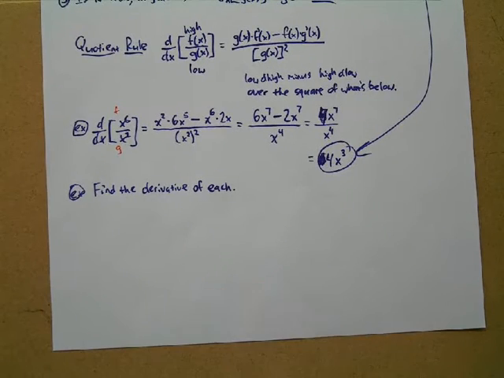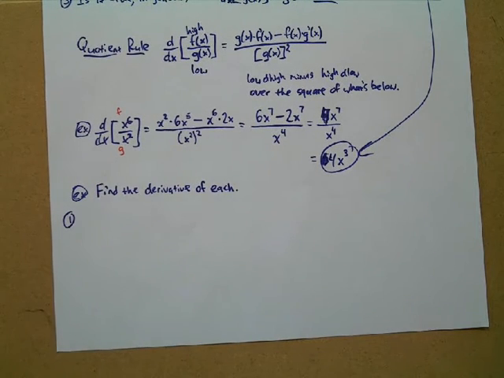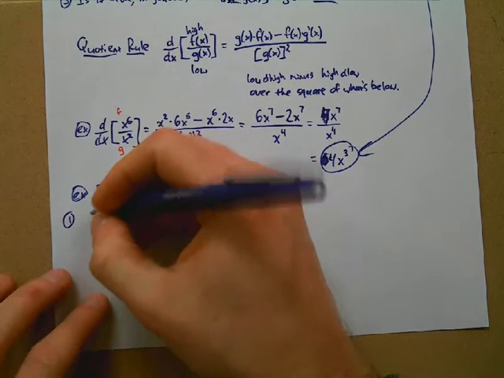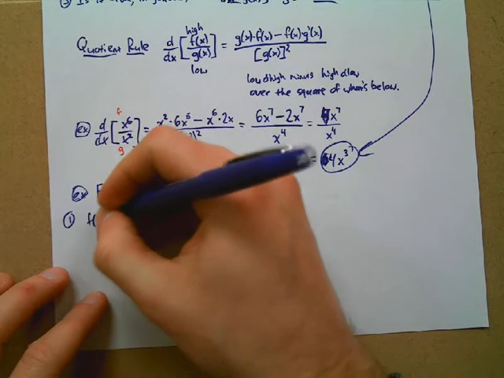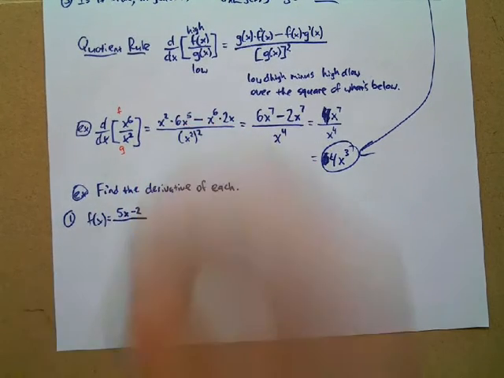All right, first one here. Let's do 5x minus 2 over x squared plus 1. This is a bit diving in head first here, but that's okay.